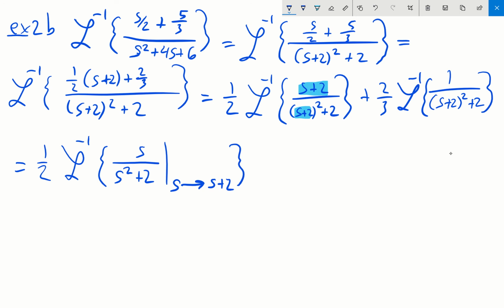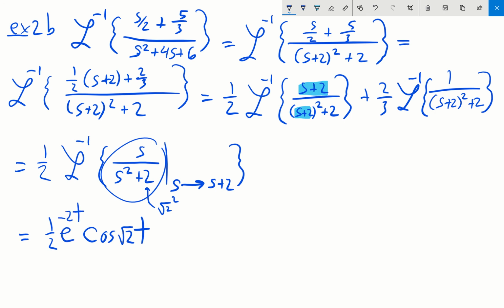The reason we want to write it like this is that this should be a known transformation. Remember, we need a square here, so this would be the square root of 2 squared. So a has the value radical 2. That would give us a cosine of the square root of 2 times t. But because of the shift, we get an e to the negative 2t as a result. So that's the inverse Laplace transform of the first thing.